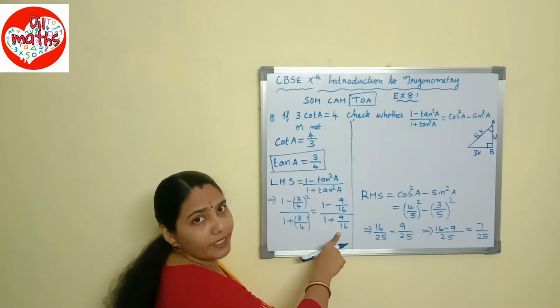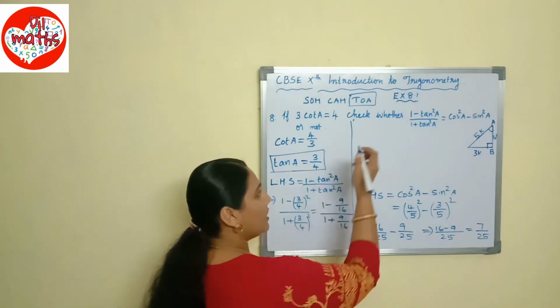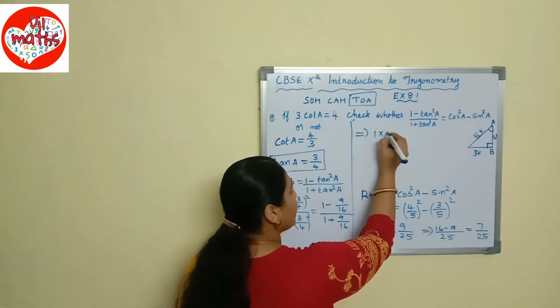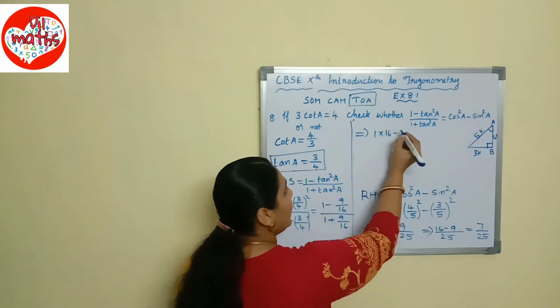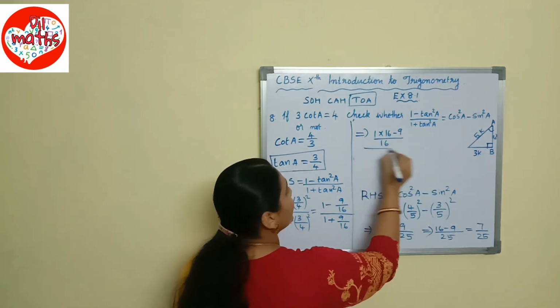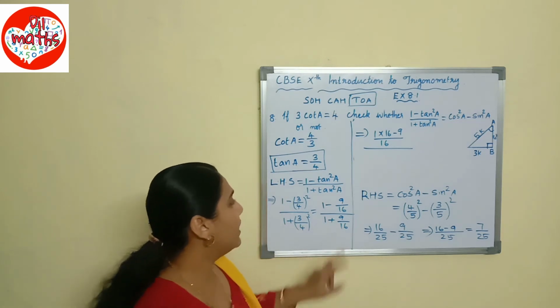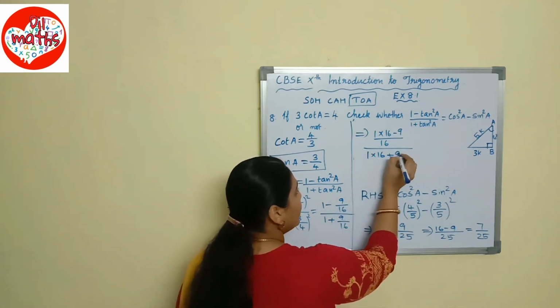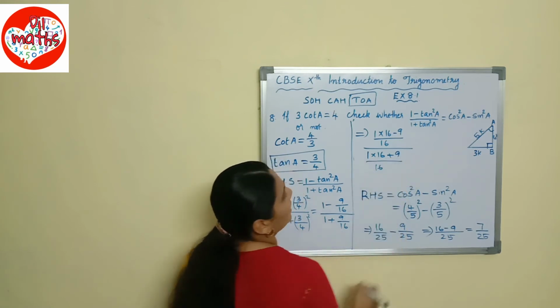So in the next step we get 1 into 16 minus 9, divided by 16, and the whole divided by 1 into 16 plus 9, divided by 16.